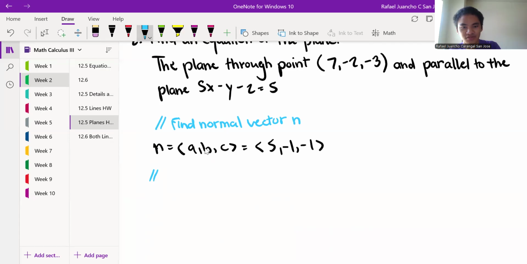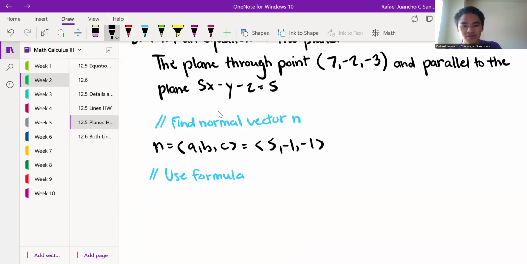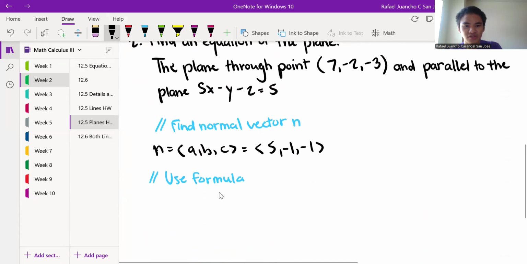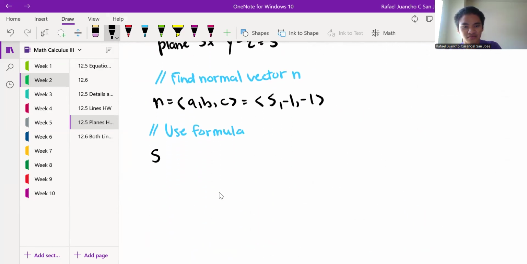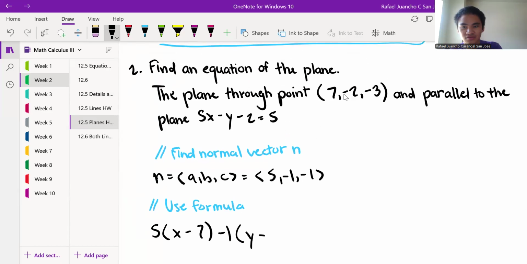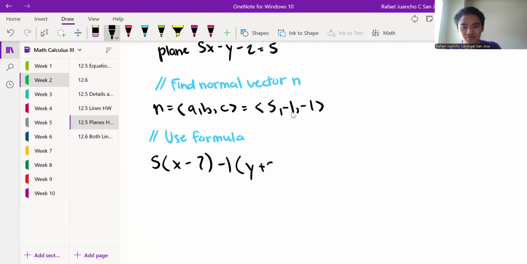Now we have our point, so let's just use our formula. We just plug in everything. So it's 5 times x minus x naught, that's 7, plus, or actually minus, because it's negative b, so minus 1 times y minus -2, so that's plus 2.